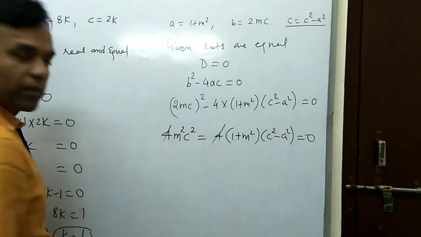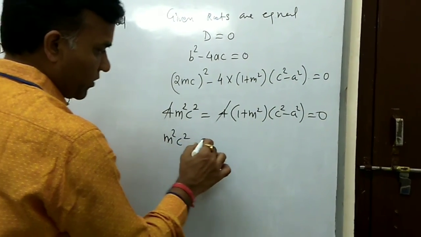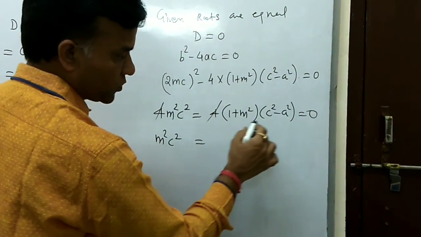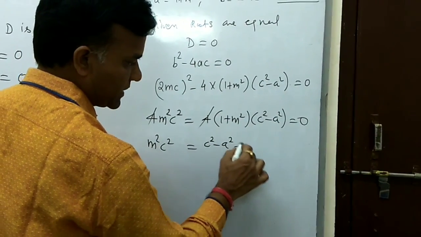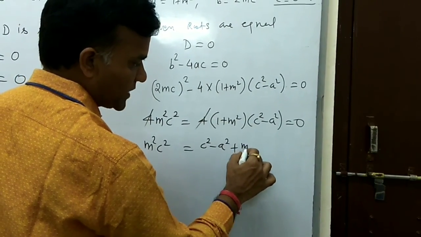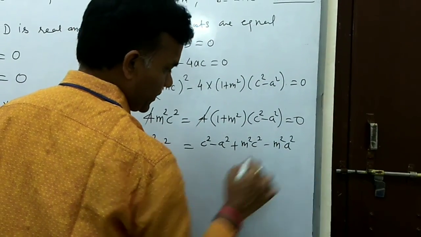So 4 cancels out because it is a constant term, and m square c square is written as it is. Now open these two brackets: 1 multiplied by c square and a square, so c square minus a square as it is, then plus m square into c square, and then minus m square into a square.